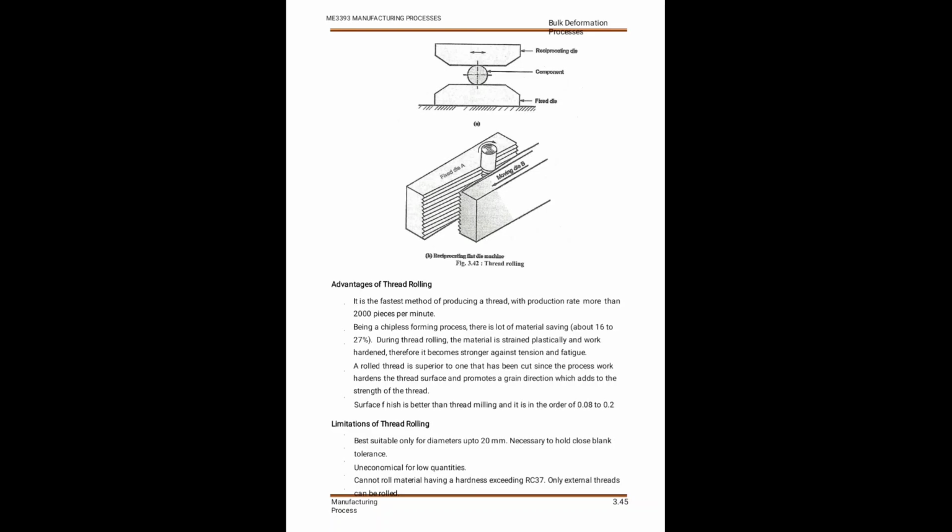The rolled thread is superior to one that has been cut, since the process work hardens it. Also the surface finish is better than thread milling. Limitations: best suited only for diameters up to 20 mm, it is necessary to hold close blank tolerance, and for low quantities it is uneconomical.